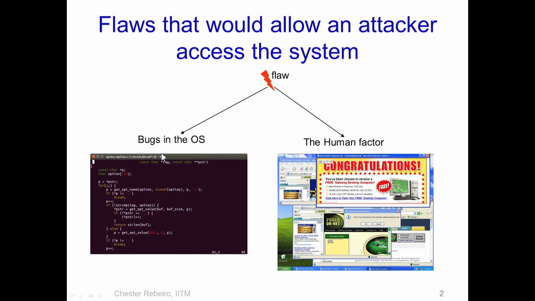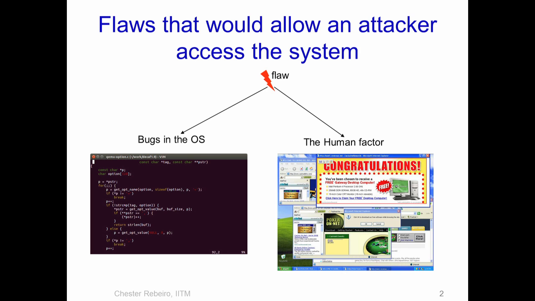Another one, which is more pertaining to the operating system, is when there are bugs in the operating system code. Now, modern day operating systems, especially the ones that we typically use on desktops and servers, are extremely large pieces of code.